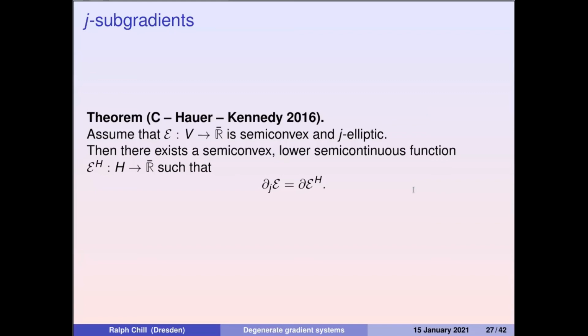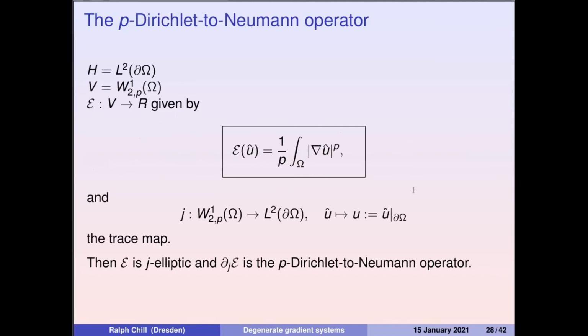We have not defined something new, but maybe in applications the energy E is known, while this energy on the Hilbert space H might be difficult to describe. But it exists. Therefore, since we have not defined something new, I can solve the corresponding subgradient, the gradient system.